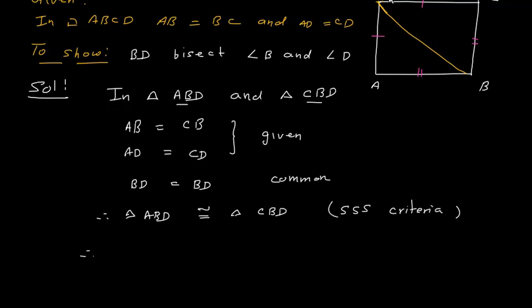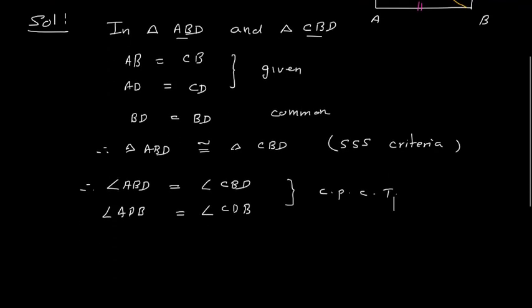So therefore their corresponding angles, that is therefore angle ABD is equal to angle CBD and angle ADB is equals to angle CDB. This is corresponding part of congruent triangle.